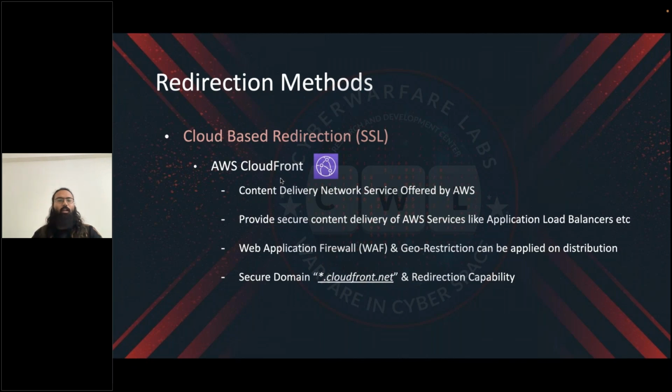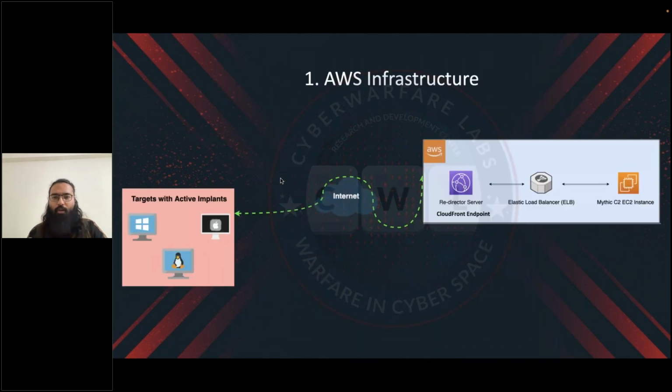Okay, so presenting before you this AWS infrastructure, where the red team deploys all their infrastructure in the AWS cloud, and they are utilizing services like CloudFront as an endpoint, which will be exposed, right?